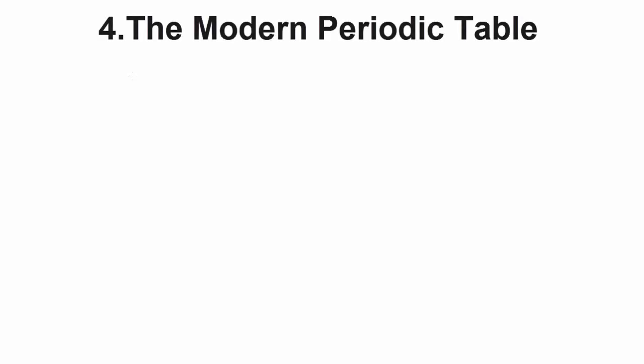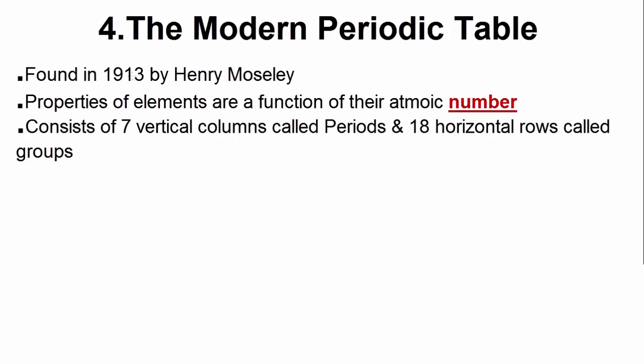Alright, now we are moving on to the major stuff. That is the actual periodic table that we are currently learning, the modern periodic table. Now, the person who made this had used the atomic number of the elements as the criteria for the classification, and in the end, his table consisted of 7 periods and 18 groups.